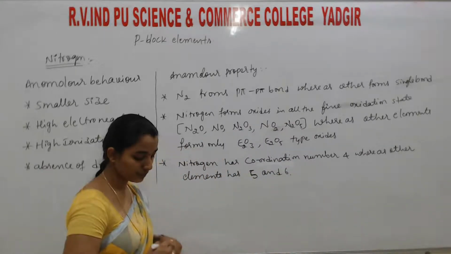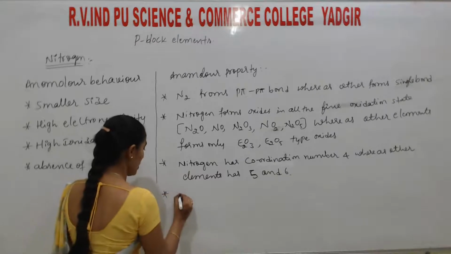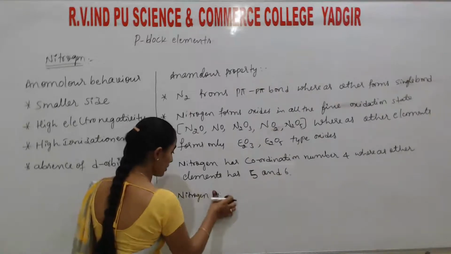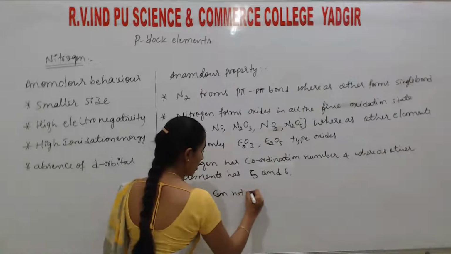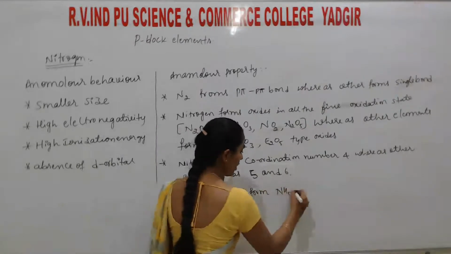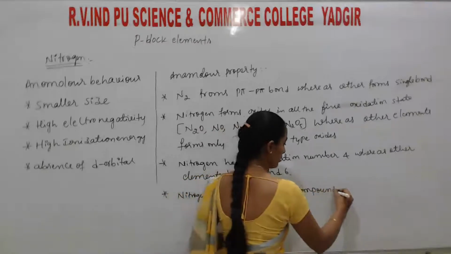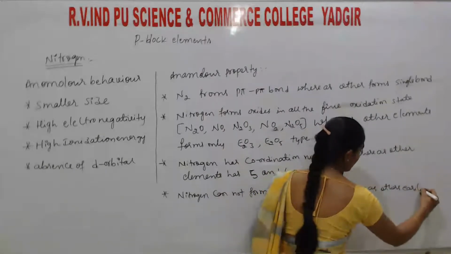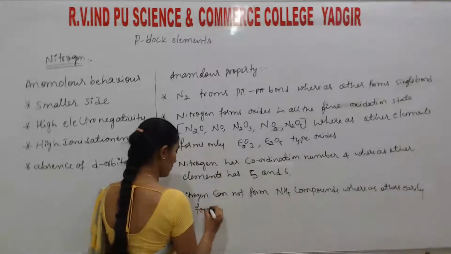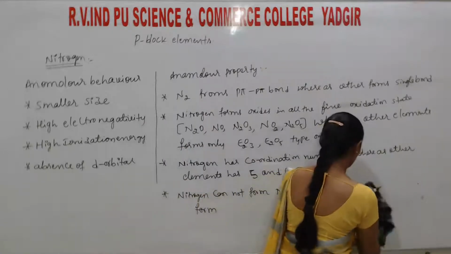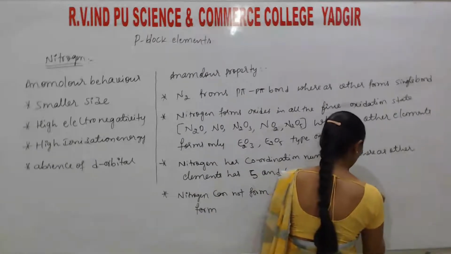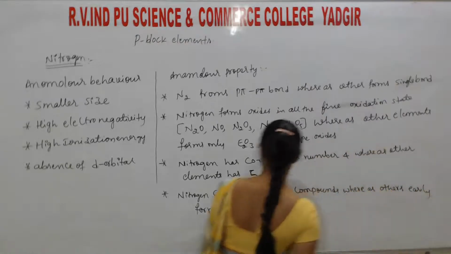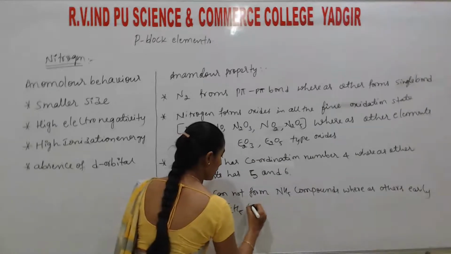Another property, students. Nitrogen cannot form NH5 compound, whereas others easily form EH5 compounds.